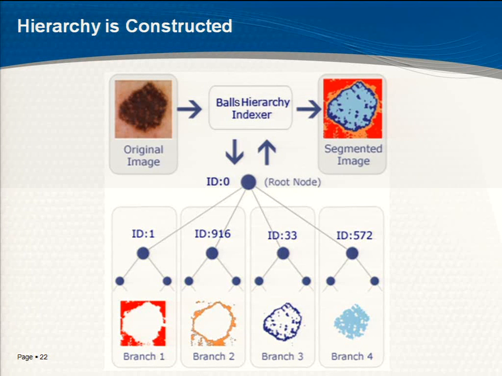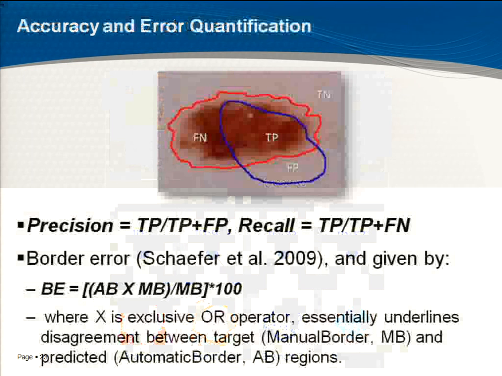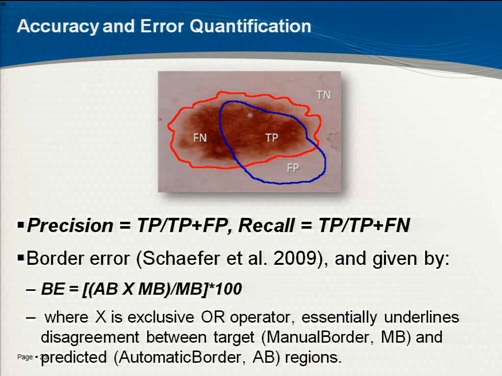If we summarize again, we have our original image. We also have hierarchy indexers, which create IDs for pixels. Once we create our hierarchy, each branch represents different segments of the image.